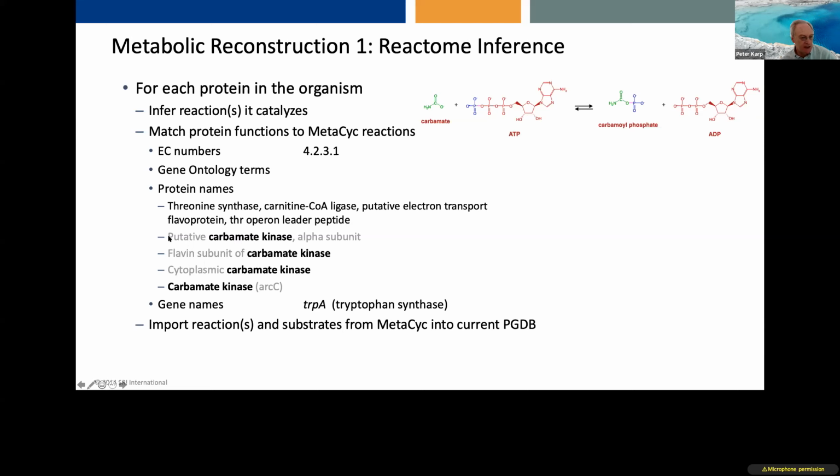Because if we look at a name like putative carbamate kinase alpha subunit, really the core enzyme function is carbamate kinase. And so we've developed a tool that will prune away all these extraneous words that I've shown here in gray to leave behind the core enzyme name, which then we look up in Metacyc. Now the full annotation is kept in the final database, but for matching purposes, if we strip off this extraneous information, that gives us a lot more reliable matches.